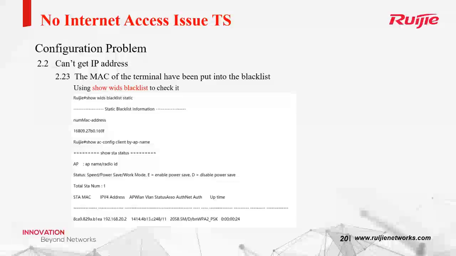Sometimes you may create a blacklist too. So how to check it? Use show web blacklist to check it. If it is marked in this list, you need to delete it using Web CLI.